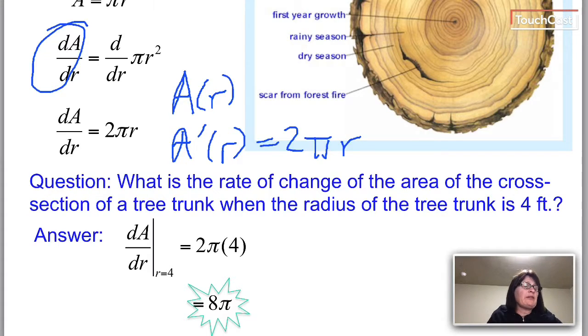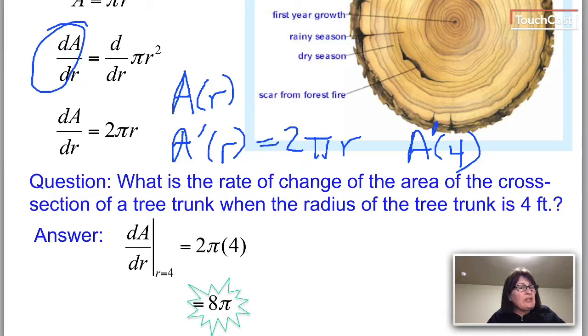That's totally equivalent to what I did before. It's just a different notation to say the same thing. So here, with this notation, it's a little easier to see that what I want is A prime of 4. The derivative of A evaluated when r equals 4.